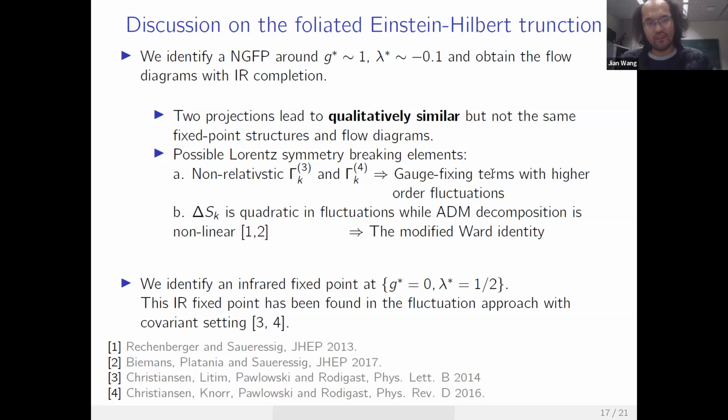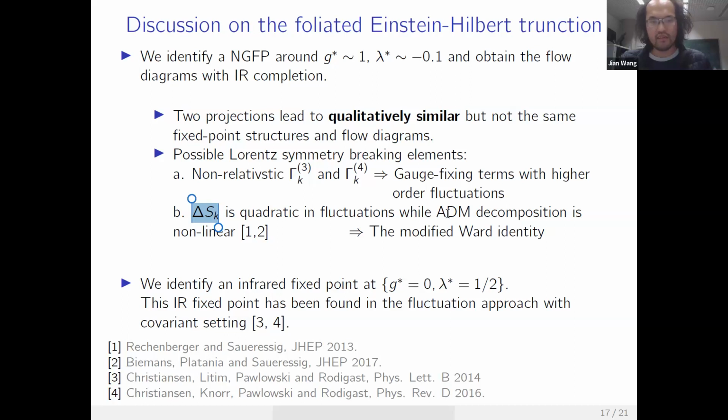Maybe we will go to this in the future, maybe not. Another possibility is that the regulator term could also break the Lorentz symmetry or full spacetime diffeomorphism. The reason is that usually the regulator is constructed in the fluctuation, but the ADM decomposition is usually nonlinear.